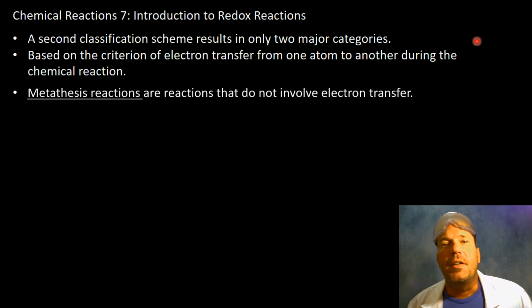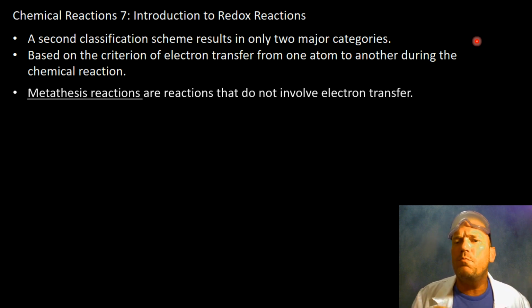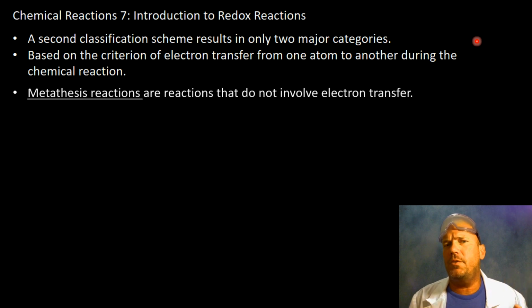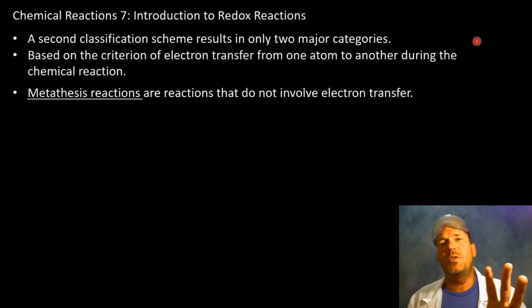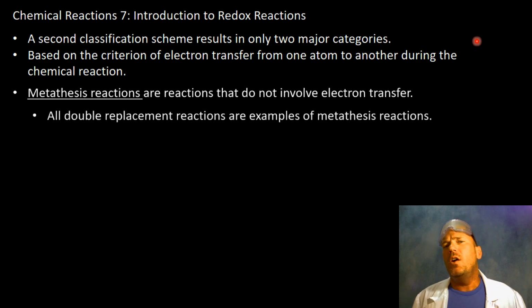Couple definitions here. Metathesis reactions. These are reactions that do not involve any transference or movement of electrons from one species to another. Examples of these would be all double replacement reactions, including neutralization reactions.